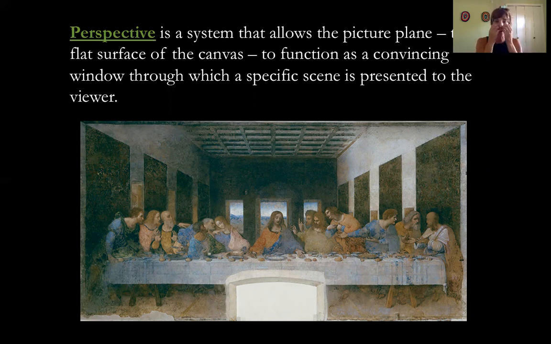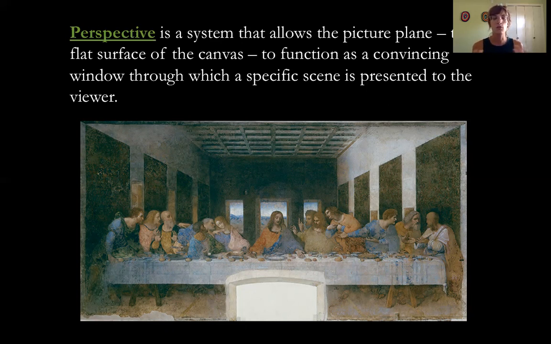So basically, artists want you to believe, at least at this point in history, before we have photography, which we'll talk about a little more in coming lectures, there was no way for people to capture the world in a realistic fashion except by painting it or drawing it, right?